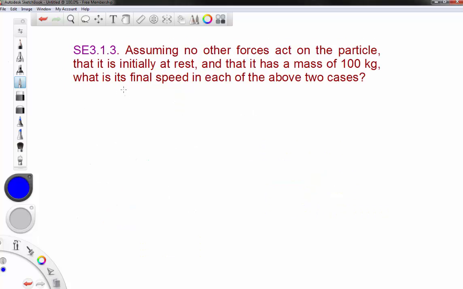Alright, so for our third example, we can use the work kinetic energy theorem. So work is equal to the negative of the change in potential energy, which is equal to the change in the kinetic energy. And that is basically 1/2 m v final squared minus 1/2 m v initial squared.